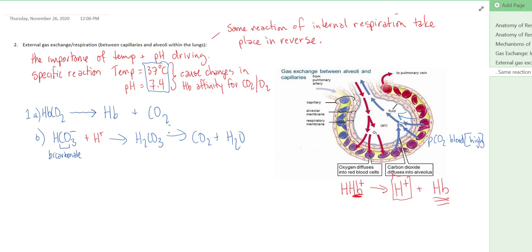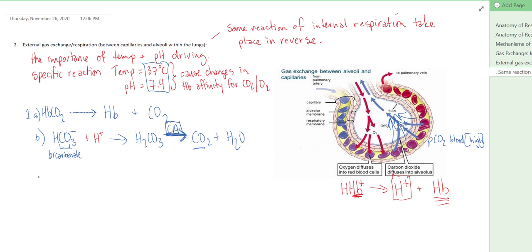And again, remember that enzyme carbonic anhydrase catalyzing this reaction in the reverse now, leading to our CO2 being taken out from that bicarbonate ion and again released into the alveoli.